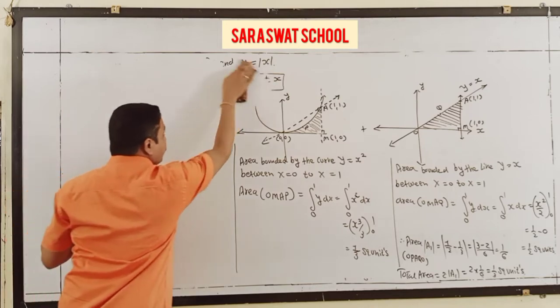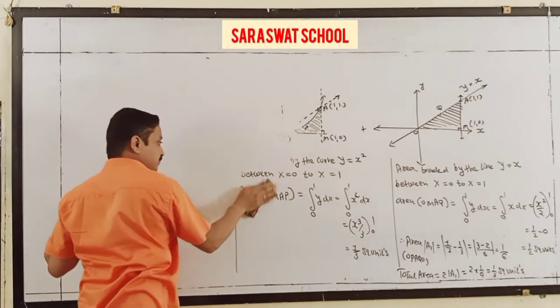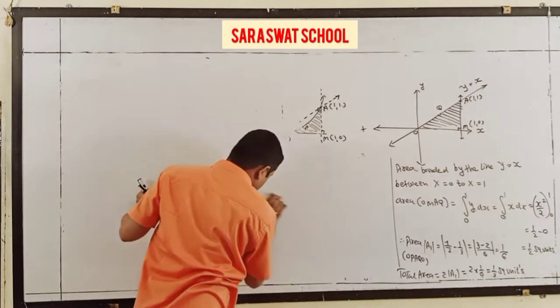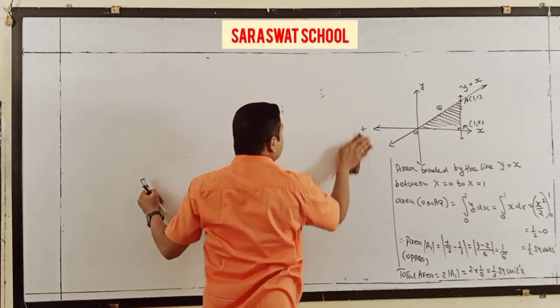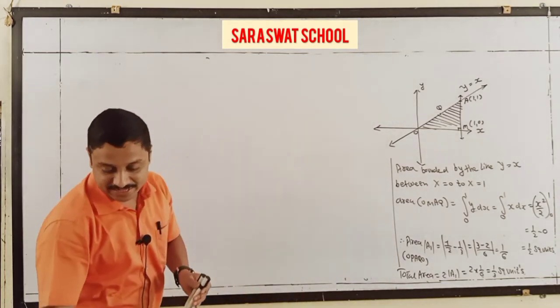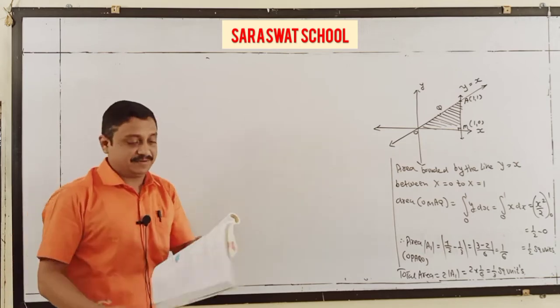Find area bounded between one of the curve given and one of the line given. Yes, question number 10.